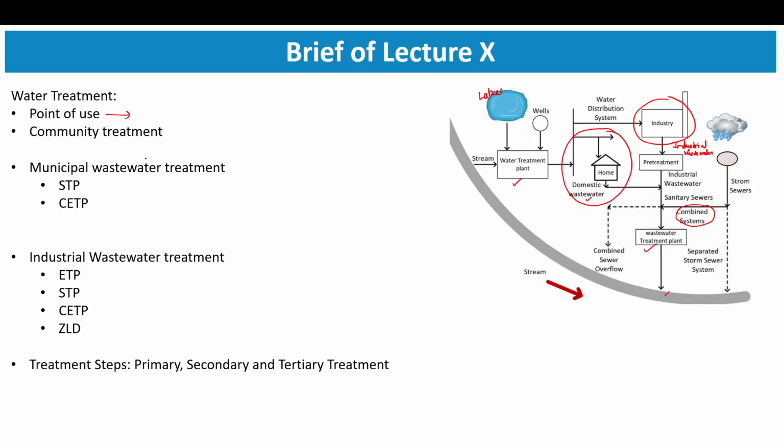Now, even if we talk about households, there are multiple points where we generate water. For example, if we are washing clothes, washing utensils, bathing, from toilets, from the kitchen, from everywhere, water is generated which contains some amount of pollutants, right?